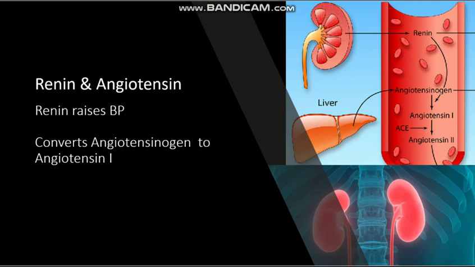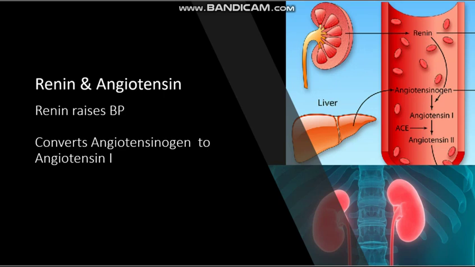Well, what is renin's job? So renin and angiotensin are two hormones that work hand in hand. Renin's job is to raise the blood pressure, and also to activate the essential hormones needed in this process.